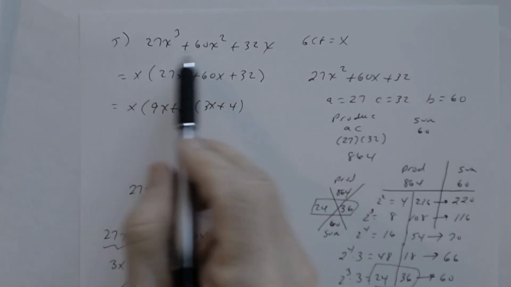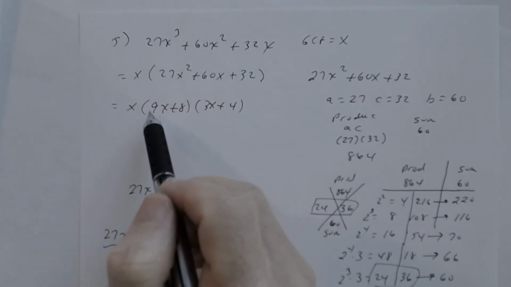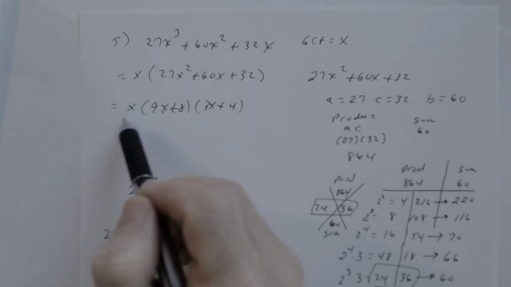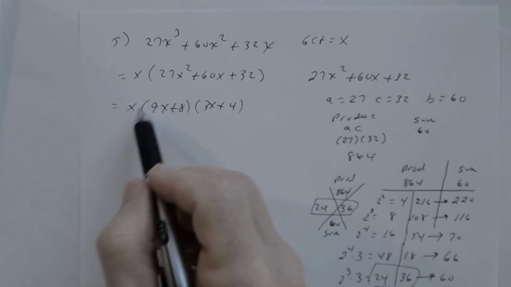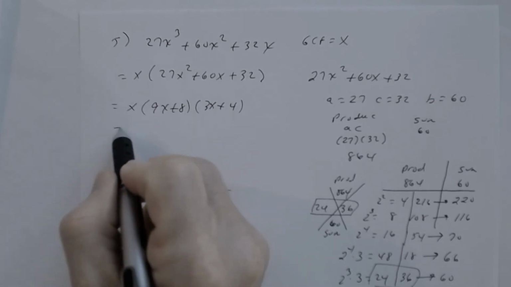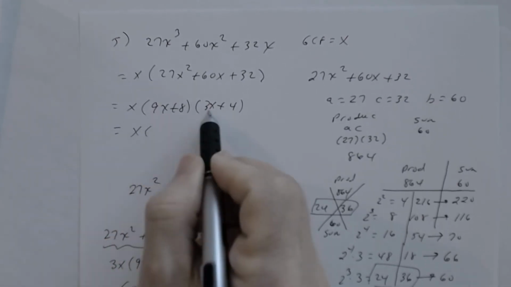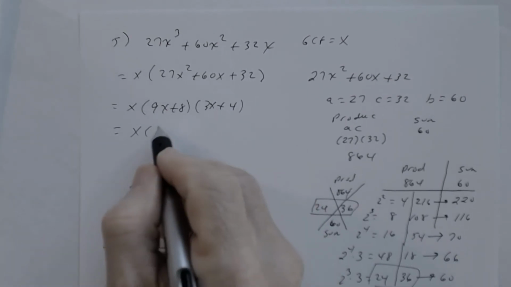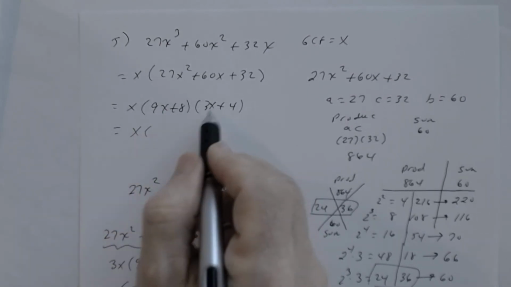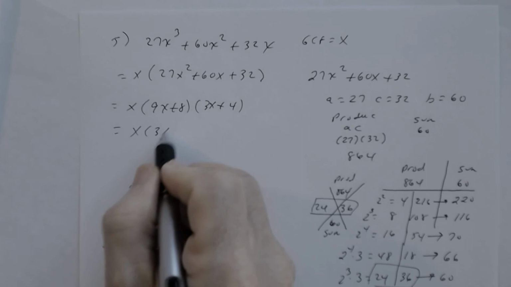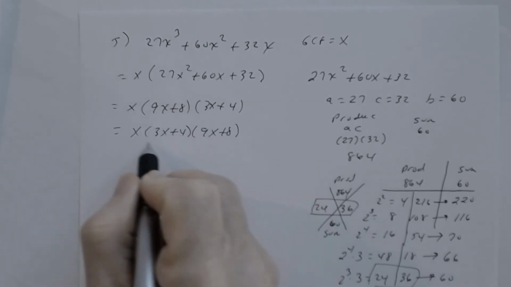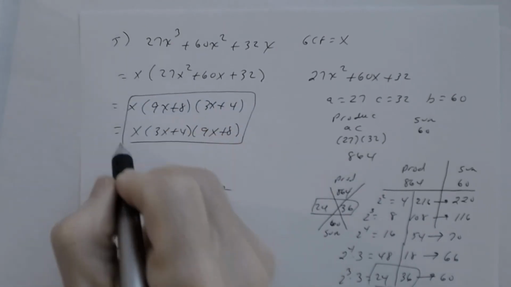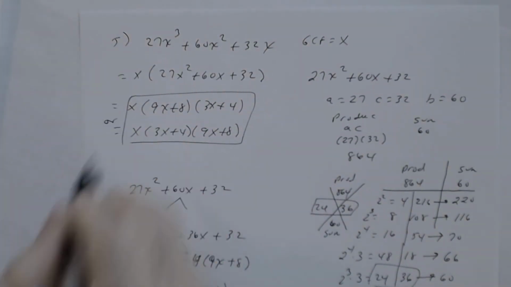And so notice that this trinomial can be factored as 3 factors: x, 9x plus 8, 3x plus 4. And again, always put the monomial factor first. So I get x times, and it doesn't matter whether you put this first or this first. So you could say x times 3x plus 4 times 9x plus 8. And so that will be your answer. Okay?